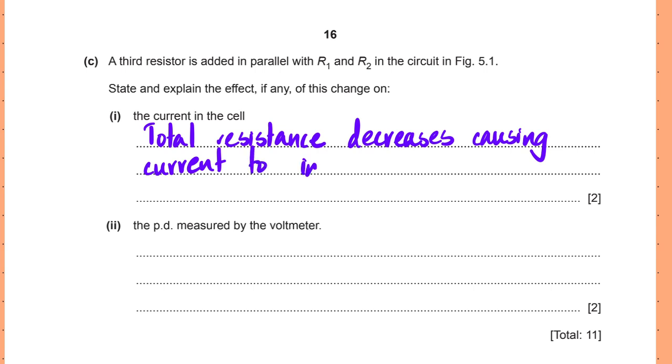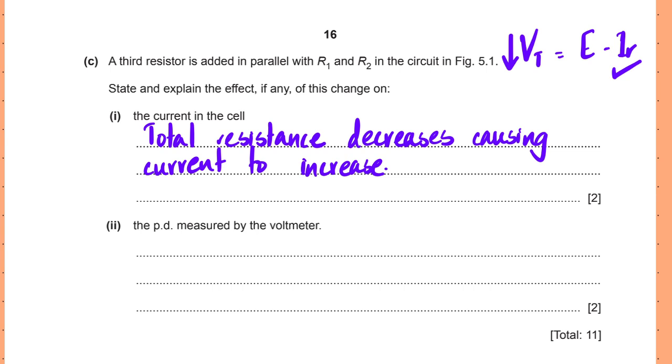And then its impact on the potential difference measured by the voltmeter. So again, if I think about this expression, if the current increases, there would be more volts lost across here. So VT, the terminal potential difference, which is what is appearing across the rest of the circuit, that goes down.